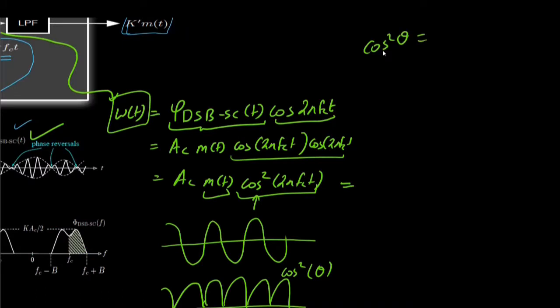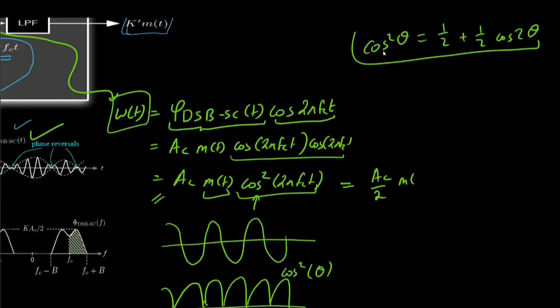Cos square of theta is equal to 1 by 2 plus 1 by 2 cos 2 theta. So from this trigonometric property we can simplify the third equality over here. We can have A_C by 2 m of t plus A_C by 2 m of t cos 4 pi fc t.